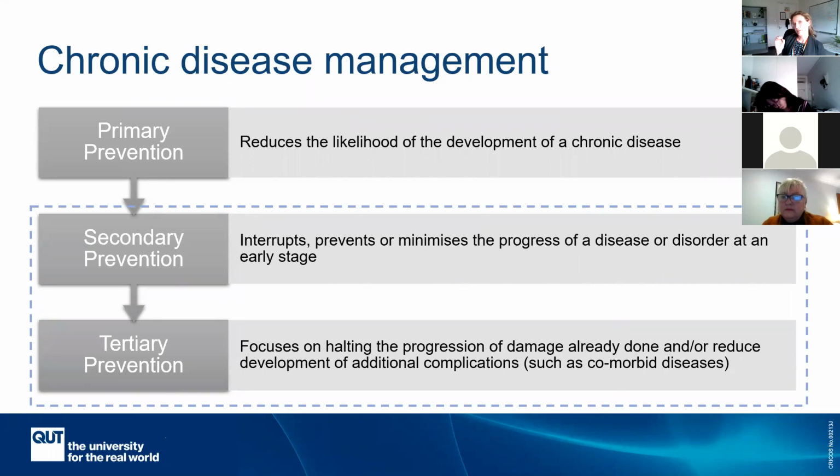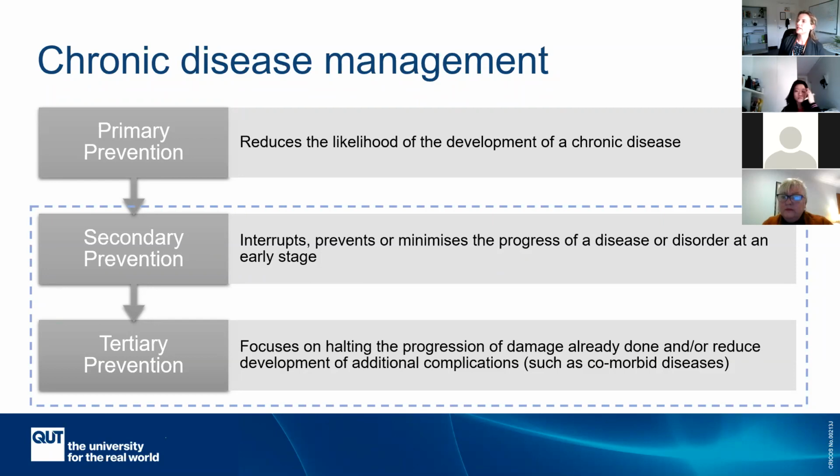So the aims of our interventions as nurses really are to interrupt, prevent or minimise the progress of a disease at an early stage, and focus on halting the progression of the damage that's been done and reduce the development of additional complications such as comorbid disease. So that's just a little reminder of where we're at.